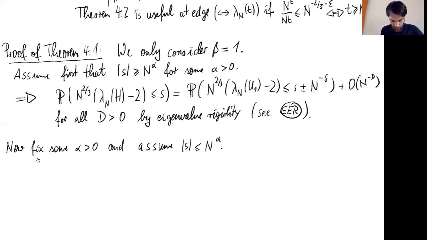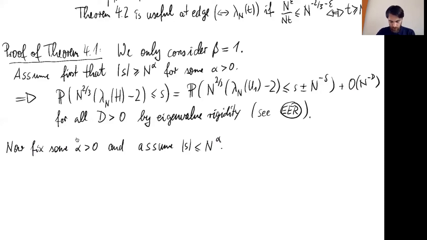If s is negative, this directly follows, because this here is order n to the minus d, and this here is also order n to the minus d. And when s is very large, then both of these things are 1 minus order n to the minus d. So then you have a 1 on both sides plus an error term of this order. So this is correct in both cases.